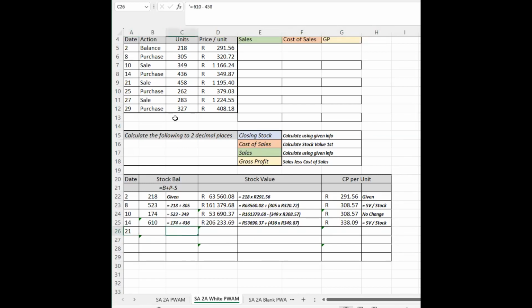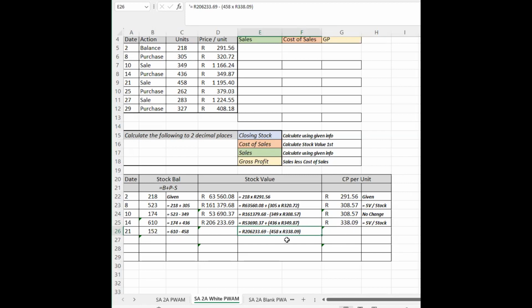And if we have a sale of 448 units, we are going to subtract that from the 610. We are left with 152 units. Okay. We have to calculate our new stock value. It was what we had minus the value of the stock that we calculated at the price of 339.